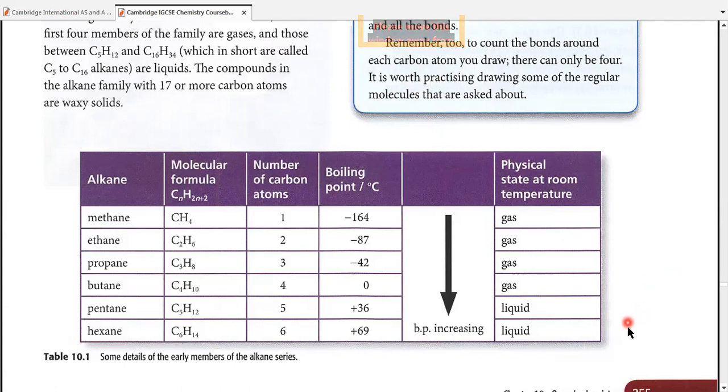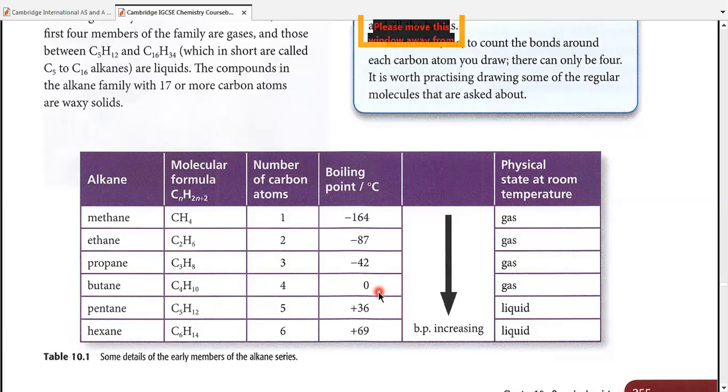All right. So from this page, we have understood that there can be different physical states at room temperature for different alkanes. As we go higher, the intermolecular forces increase, the attractive forces increase, hence the state of matter changes. Hence the boiling point value or the melting point value or the density value also changes.